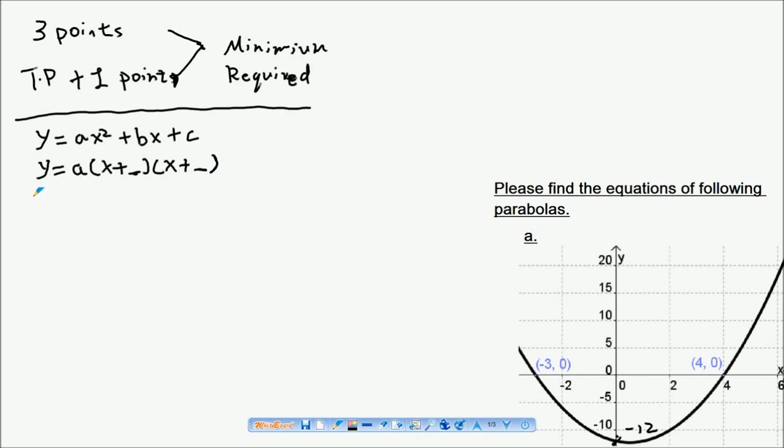Or your parabola can have an equation of a times x plus a certain number, squared, plus another certain number. These are the 3 forms of parabola.